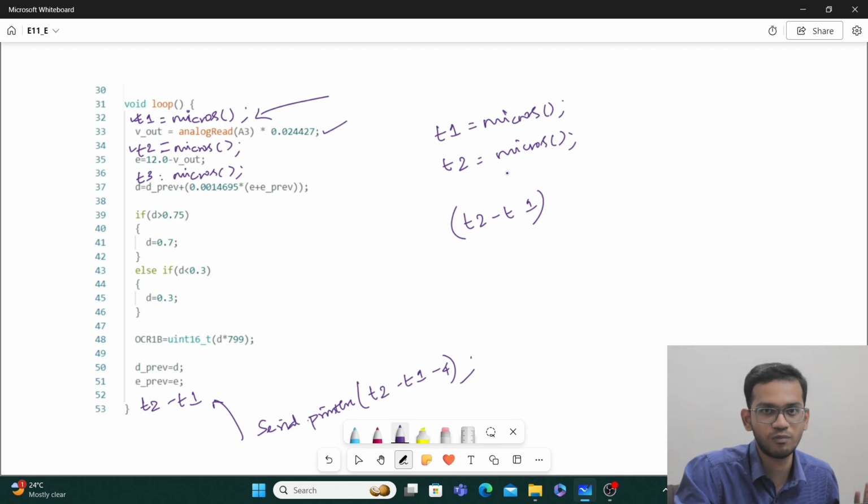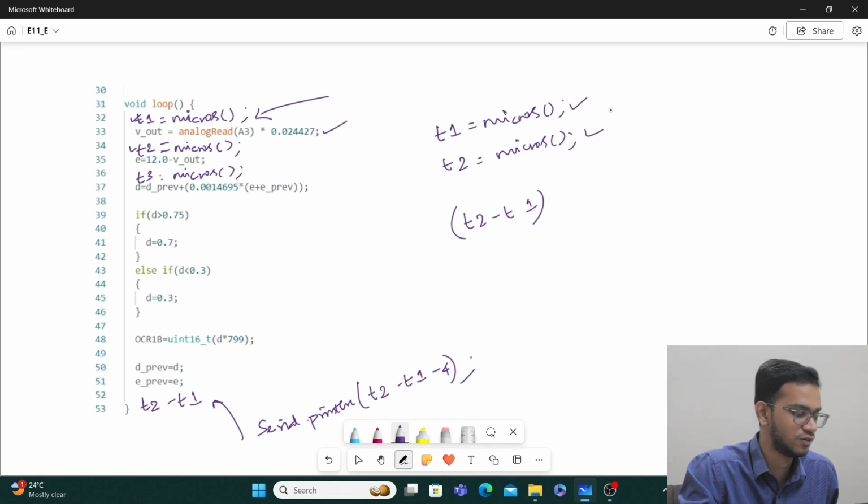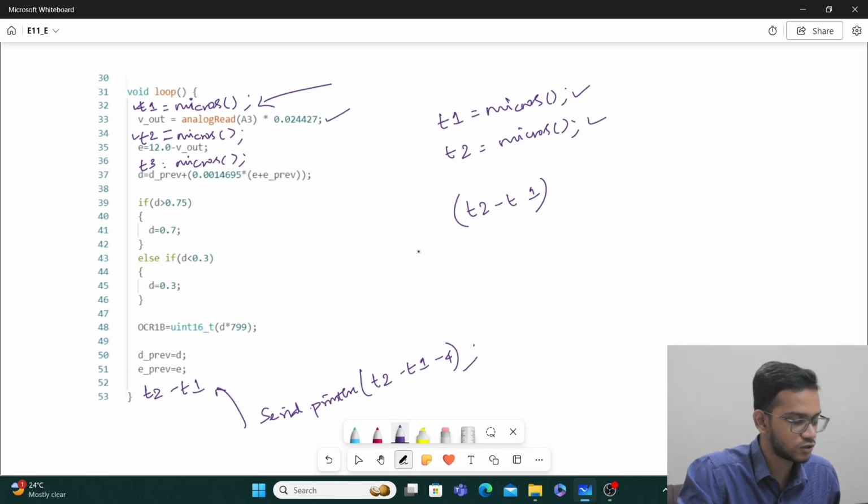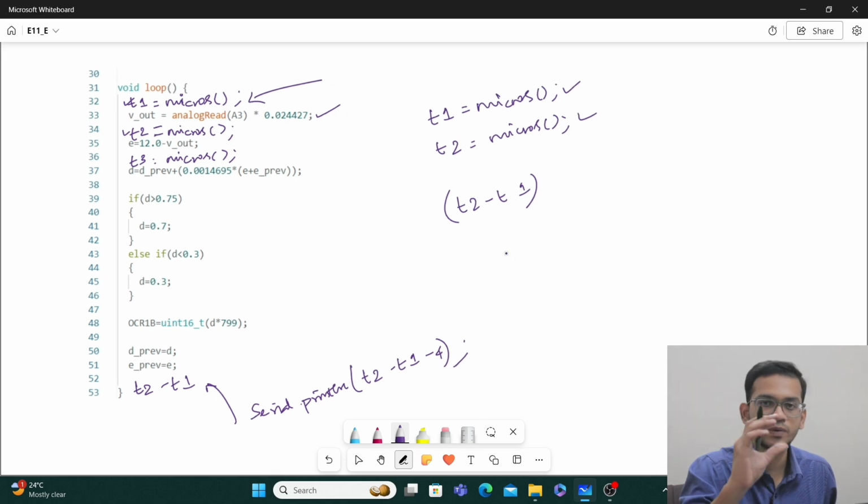It will show 4 microseconds. That 4 microseconds is basically taken for running the micros function itself. So always do this.